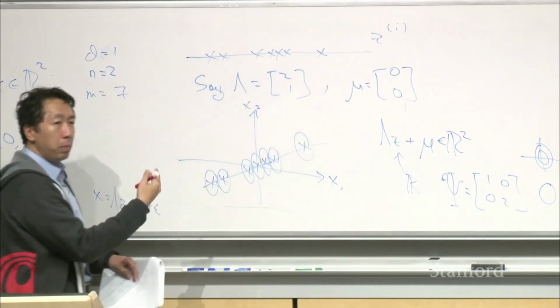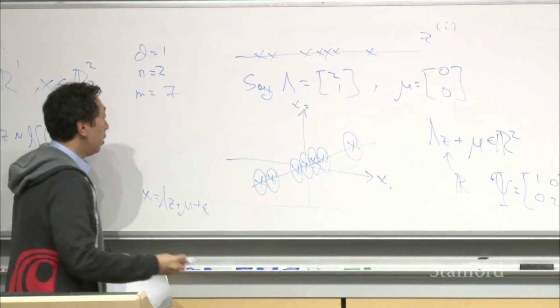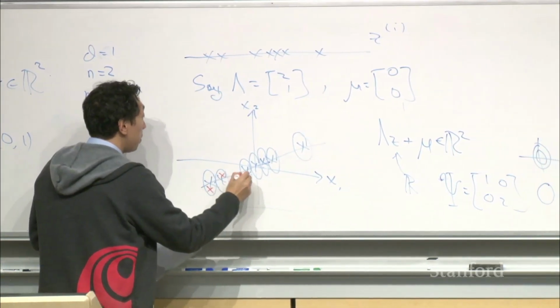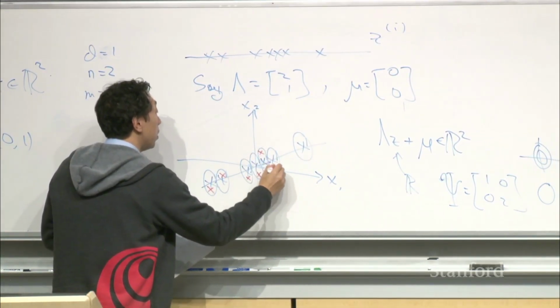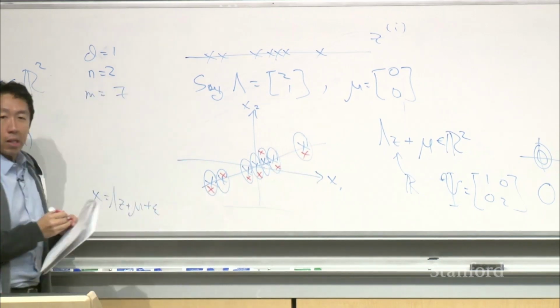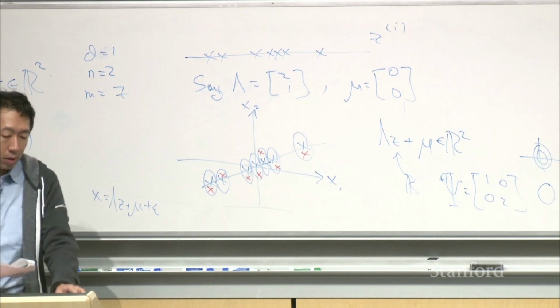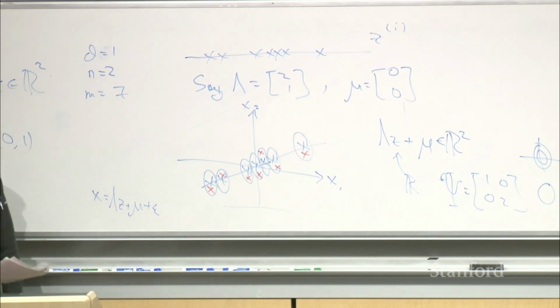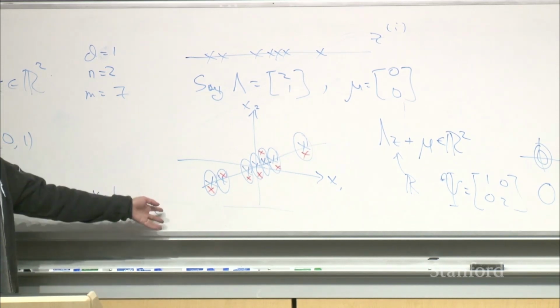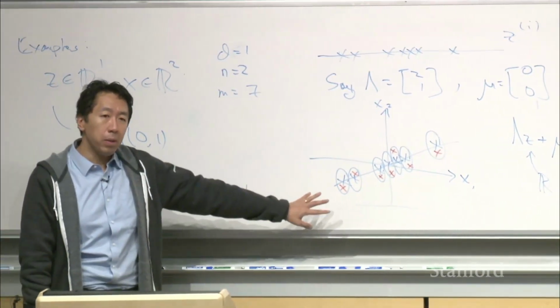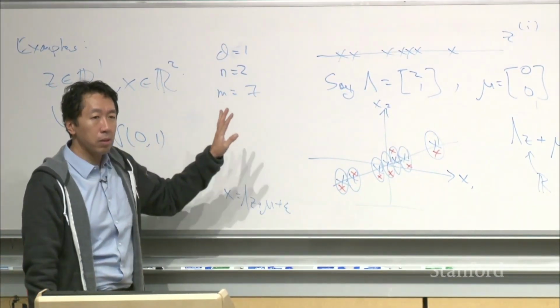If you sample one point from each of these Gaussians, maybe you get this example, this example, this example. So what I just did was look at each of the Gaussian contours and sample a point from that Gaussian. The red crosses here are a typical sample drawn from this model.